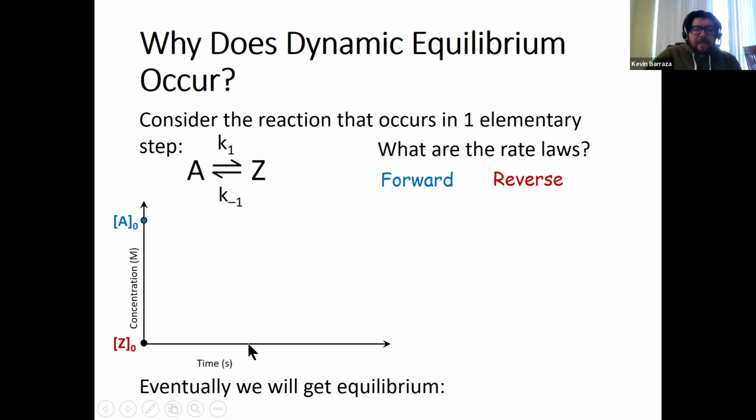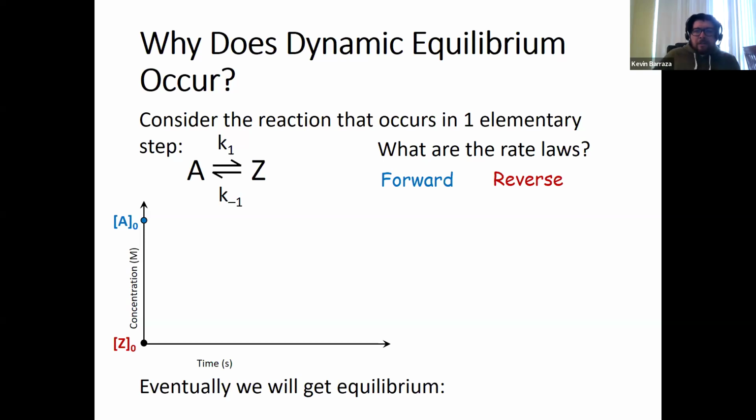One thing that we can establish is what's going to happen with our concentrations of each over time for, again, a one-step reaction like this. So first of all, let's remind ourselves about last time. Let's write the rate laws for the forward direction and the rate law for the reverse direction.